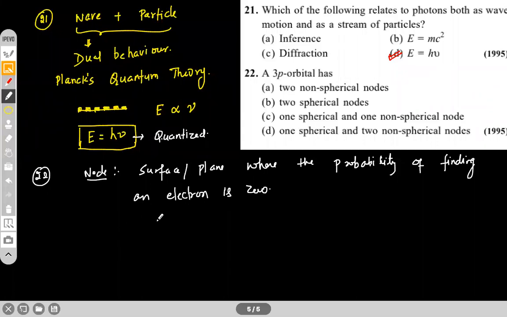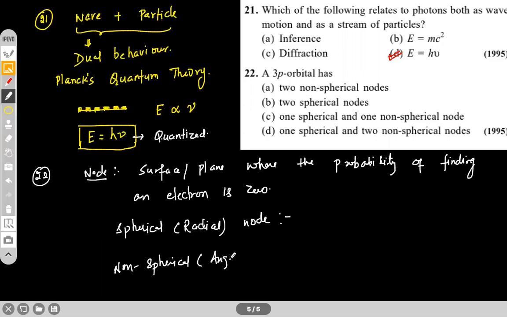We know there are two types of nodes: spherical node, which we also call radial, and non-spherical, which we also call angular node.